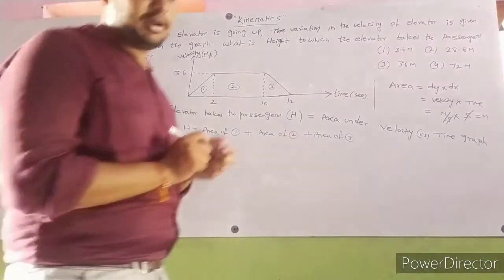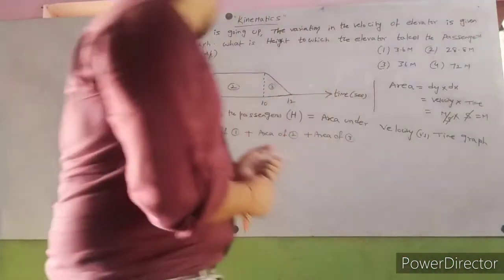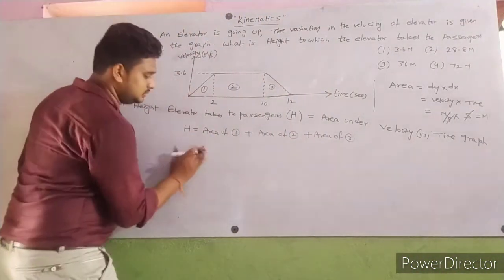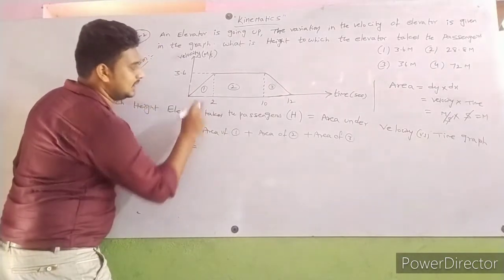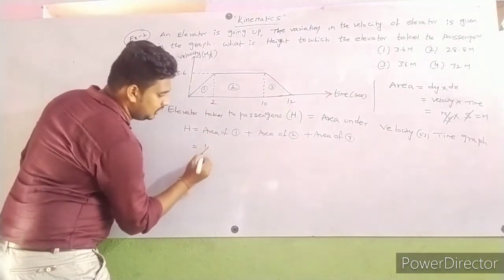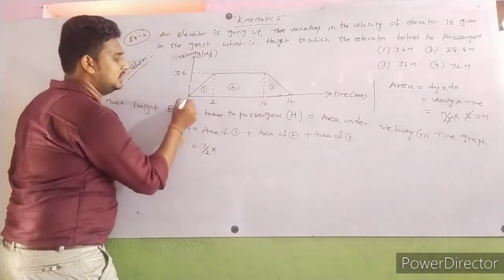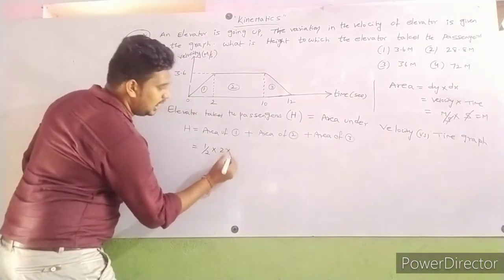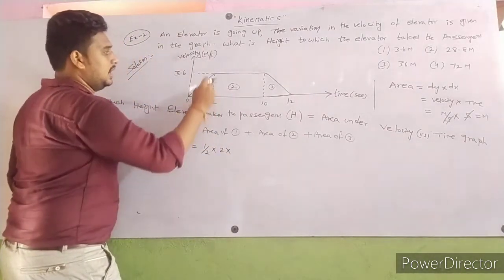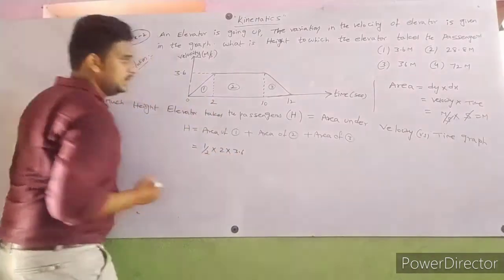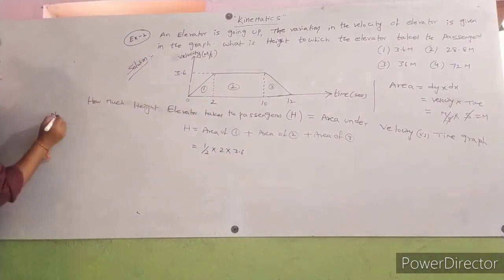How to find the area of 1 here? Simple thing. Area of 1, this is a triangle. Is it or not? 1 is a triangle. For a triangle, half into base into height. What is the base here? This is 0, the base is 2. The height is 3.6. Here write a note point.